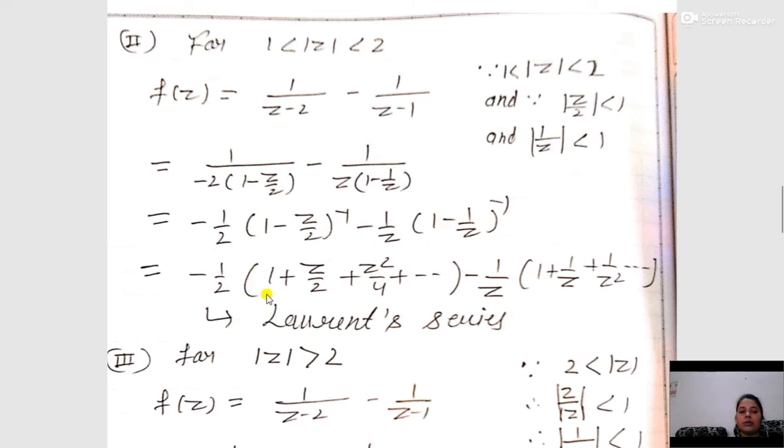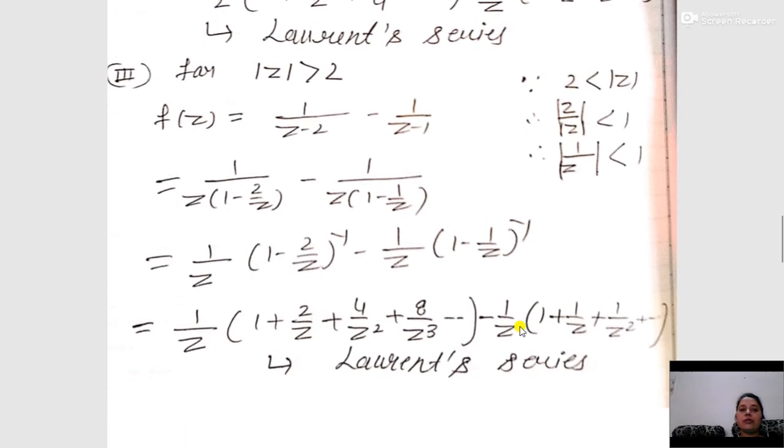So it is now minus 1 by 2 into 1 plus z by 2 plus z square by 4 and so on up to infinity. And here the second term will be minus 1 by z into 1 plus 1 by z plus 1 by z square and so on up to infinity. Since it contains negative powers of z, this series is a Laurent series.